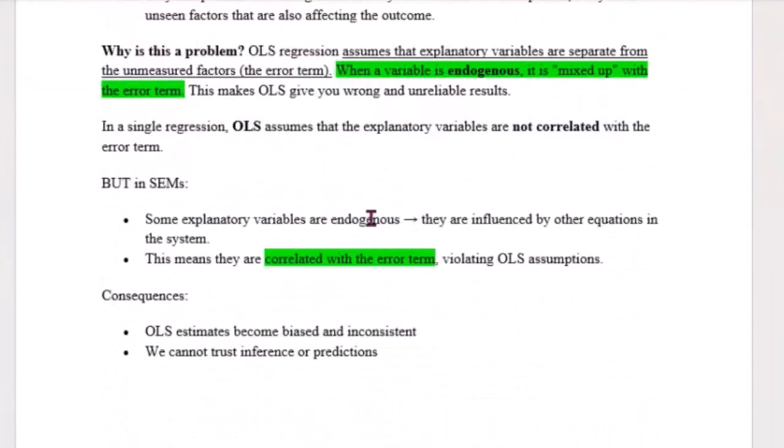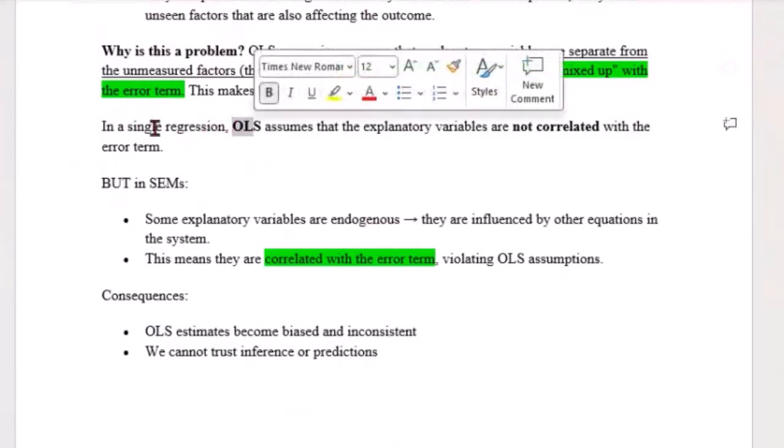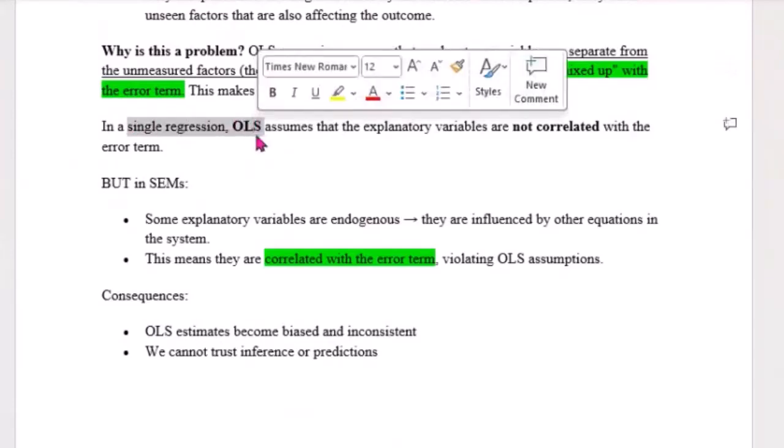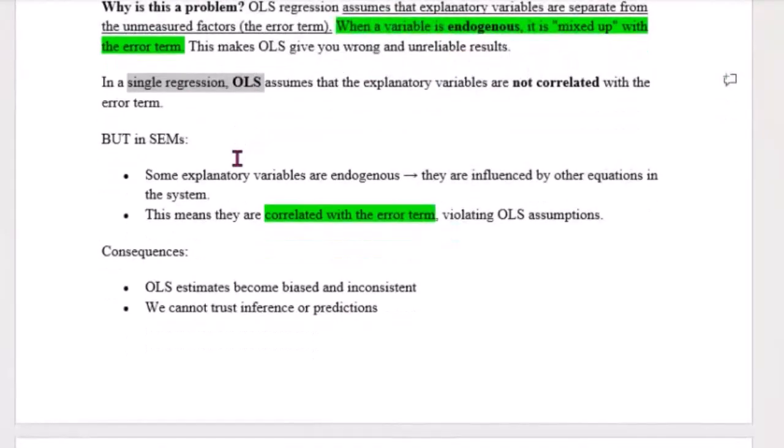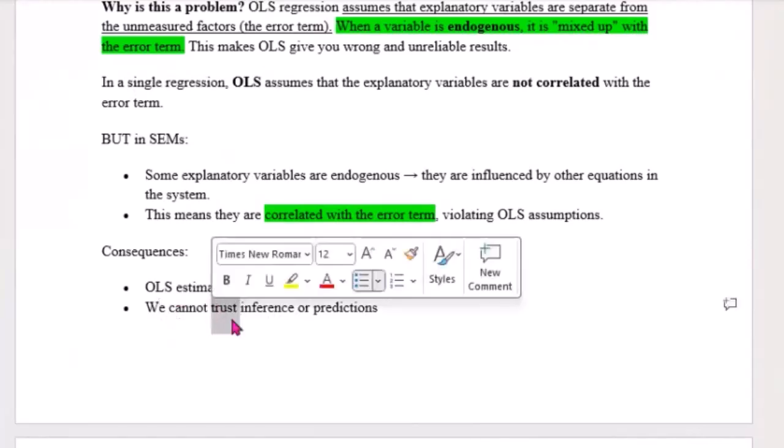That's why we are saying that in case we have an endogenous variable, we should not use OLS, or what we call the single regression model, because we have already violated one assumption. And because of that, the results, the inferences and the predictions that we make will be incorrect. They cannot be trusted.